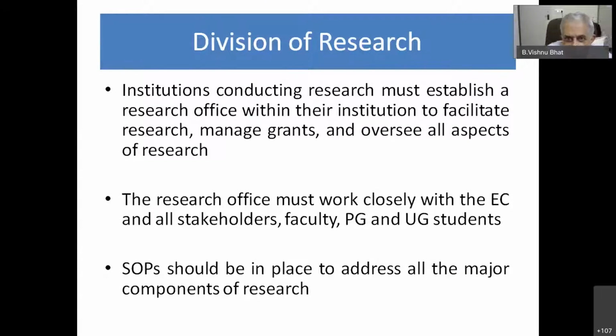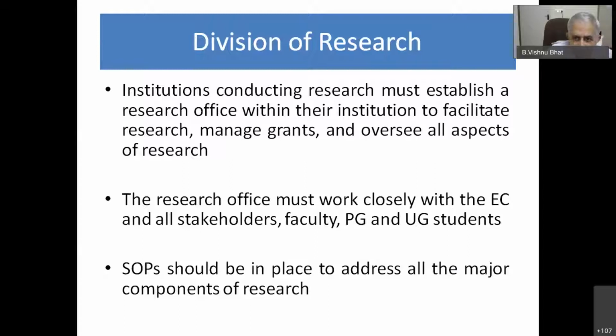Every institution should have a division of research. It's very important because an institution conducting research must have this unit which will facilitate the research activities, manage the grants which the institution may receive, and overall, the research aspect has to be monitored by the research division.